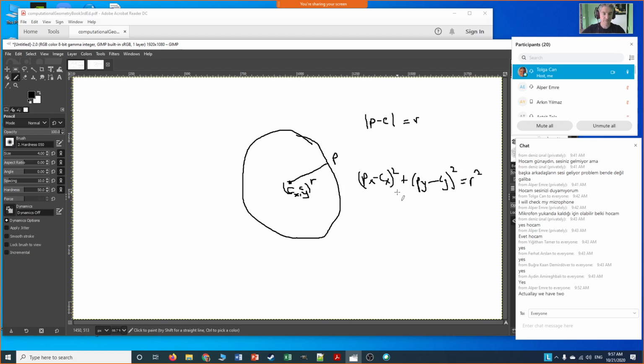It comes from this distance vector. So Px minus Cx squared plus Py minus Cy squared should be equal to R squared. That's the implicit circle equation.